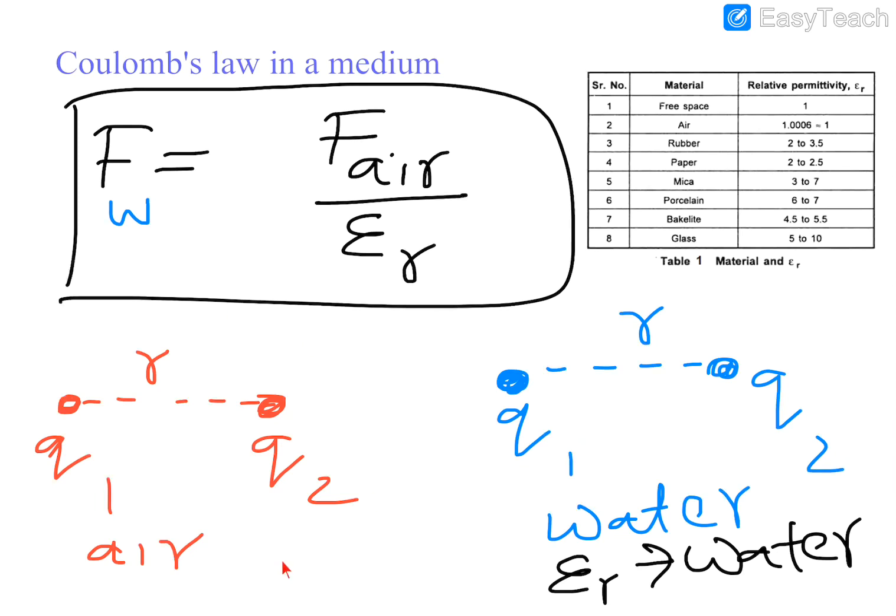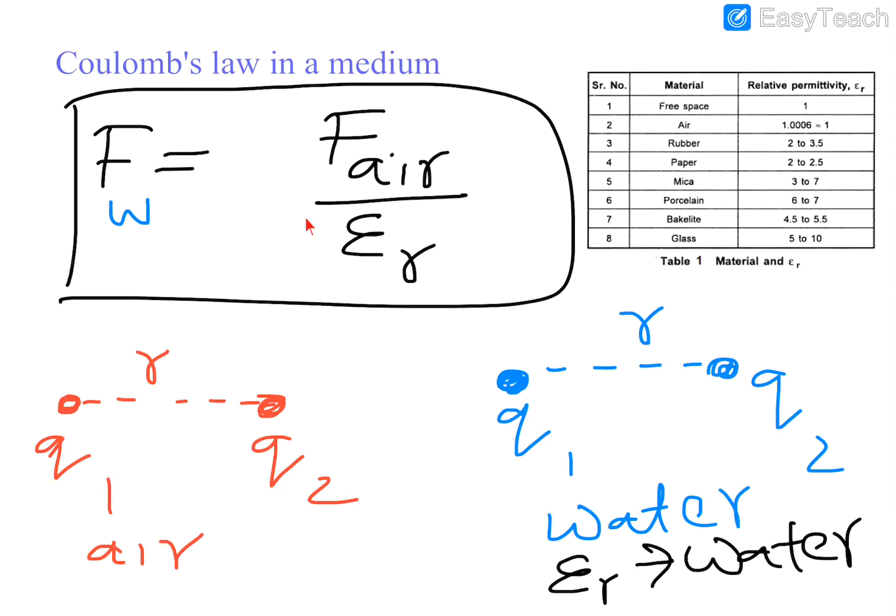You get some force in air, then you divide by epsilon r of water to get the force in water, where epsilon r of water will be more than epsilon r of air.